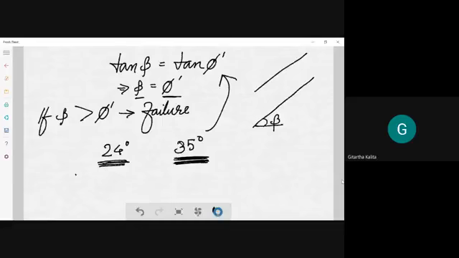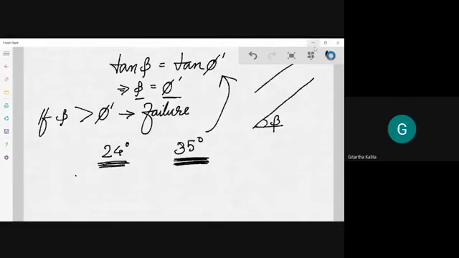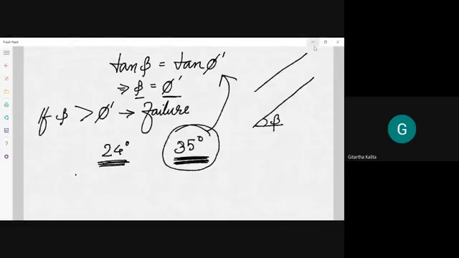So if the value is 24, then out of this strength of 35 degree, it will mobilize only 24 degree of its capacity.